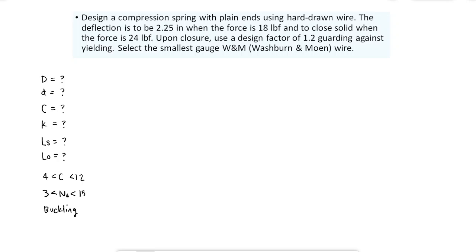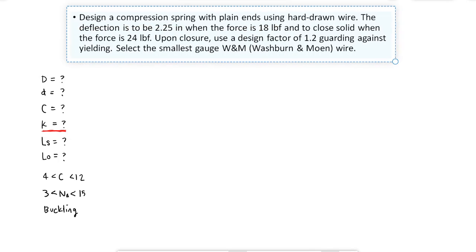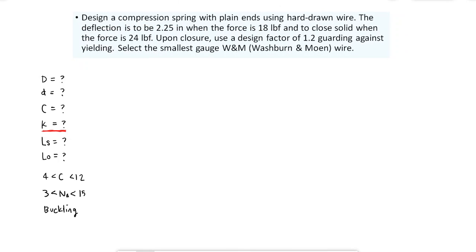K is one thing that I identify right away. I can calculate it pretty easily because we have the deflection of 2.25 inches when the force is 18 pounds. So with that, if F is equal to K times the deflection y, or deflection delta, however you want to see it, K is going to be F over delta.